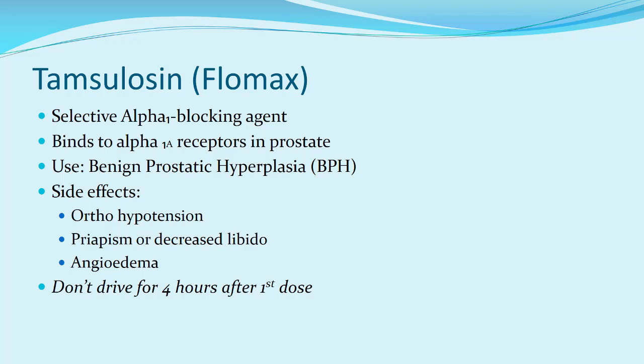In addition, alpha-1A receptors in the bladder and urethra will relax, and that allows for better urine flow in clients with BPH. Important: teach your client, don't drive for 4 hours after the first dose because of the hypotensive effects of the medication.